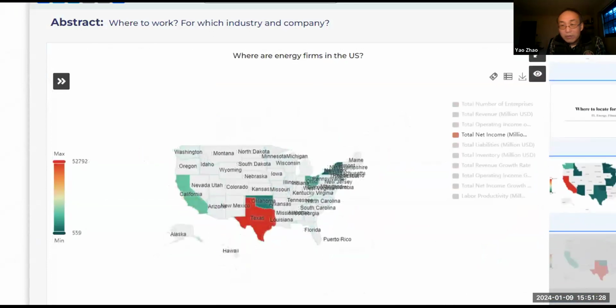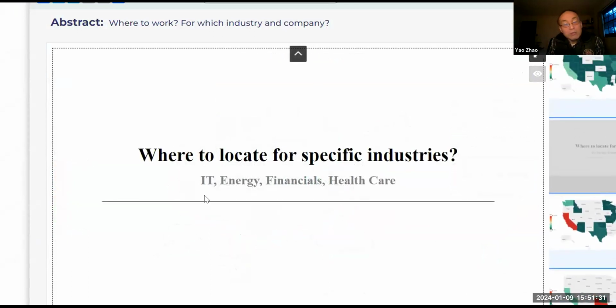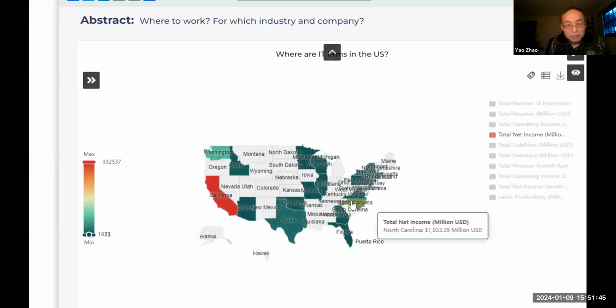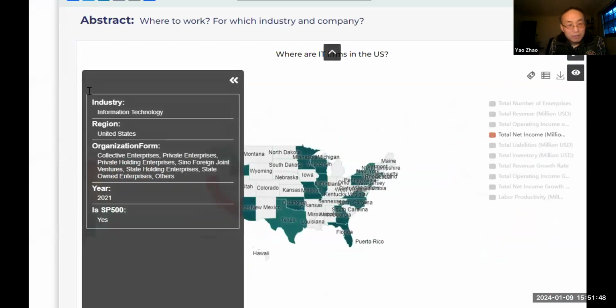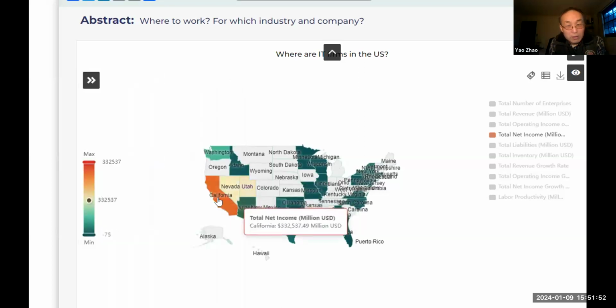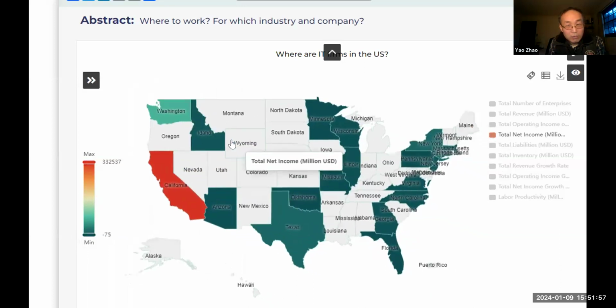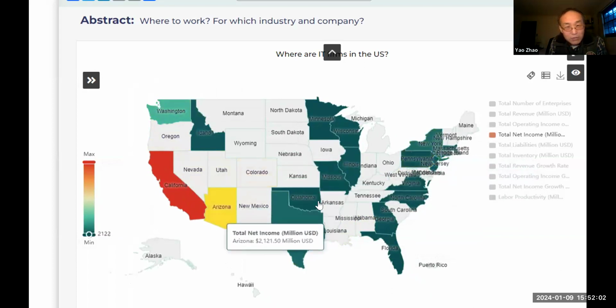So suppose we're looking for specific industries such as IT or energy or financials or healthcare. Do you know which state to go to? I'm sure you know for IT it's California. If you just select information technology, what I find out is California is number one, followed by Washington, and other places don't have much.